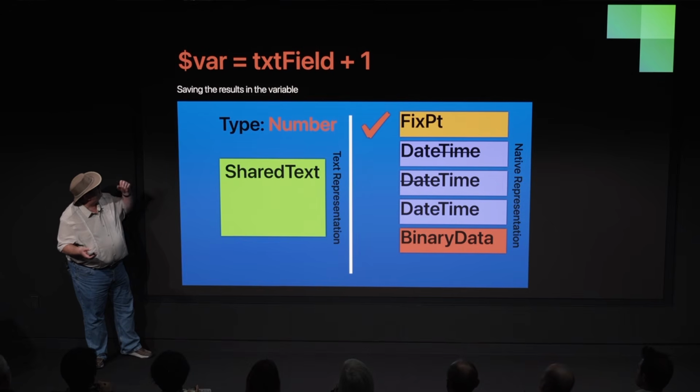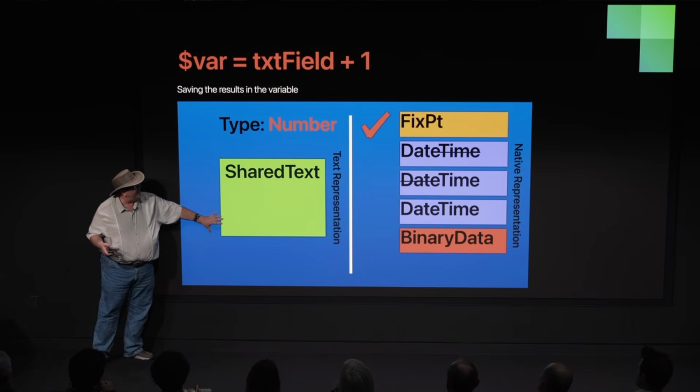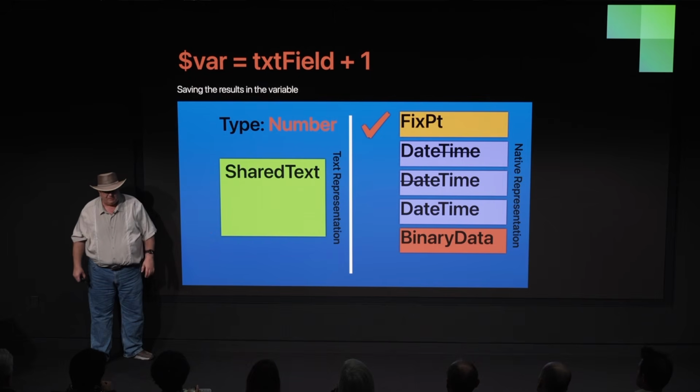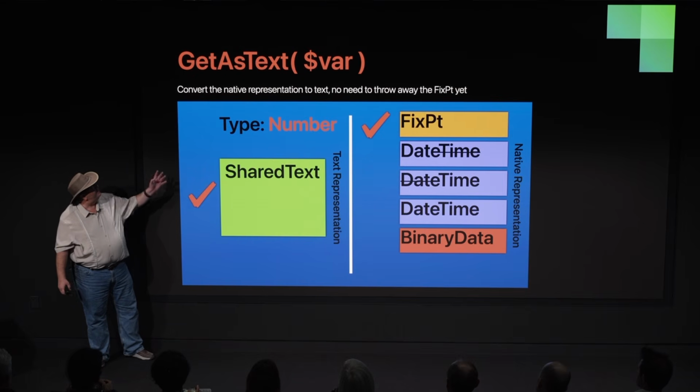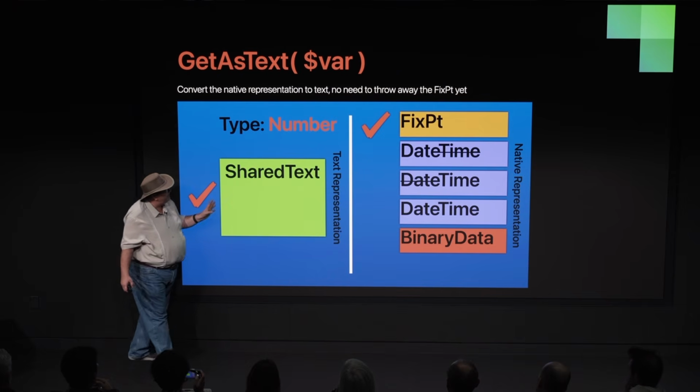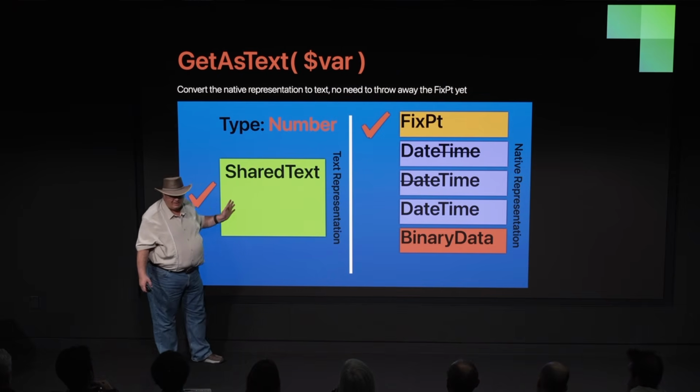So then when we assign it into the variable, a copy of this DB data is stored as a variable. Note that the text is still not valid, but it has a valid fixed point hanging on it. Now if you then feed this into something like get as text with a $variable, it gets the DB data. It has a fixed point, but it doesn't have valid text.